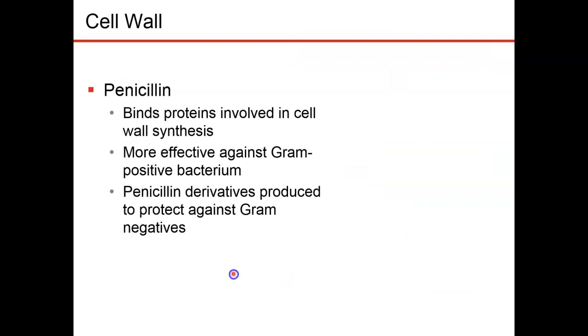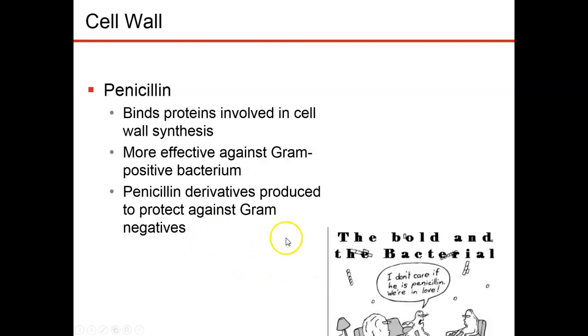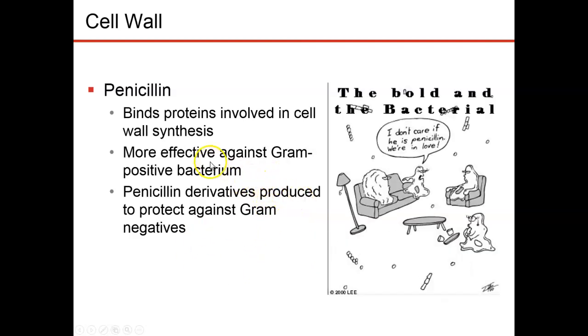So what does penicillin do? Penicillin binds to the proteins that build the peptidoglycan cell wall. And because of that, this is going to be much more effective against gram-positive bacteria because gram-positive bacteria have multiple layers, up to 30 layers of peptidoglycan.